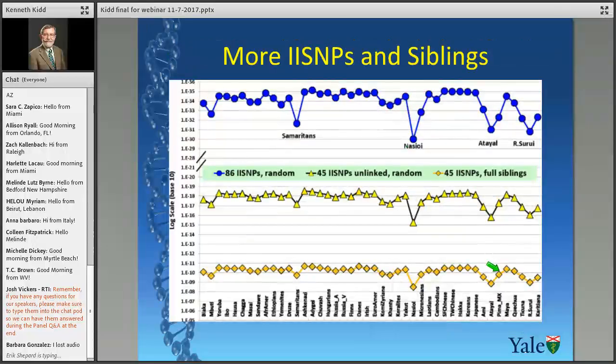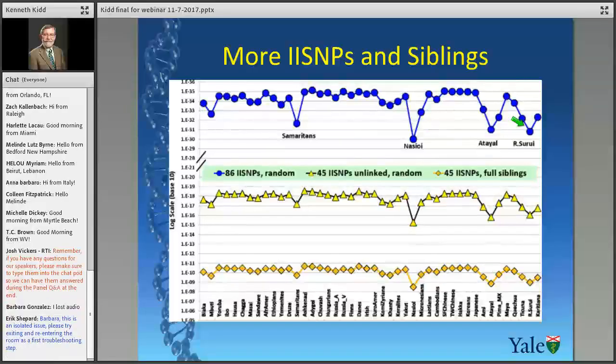We then went on to look at a somewhat larger number, and we had 10 to the minus 30 to 10 to the minus 34 as the random match probability in most populations around the world, except for a few very small, inbred, isolated populations.